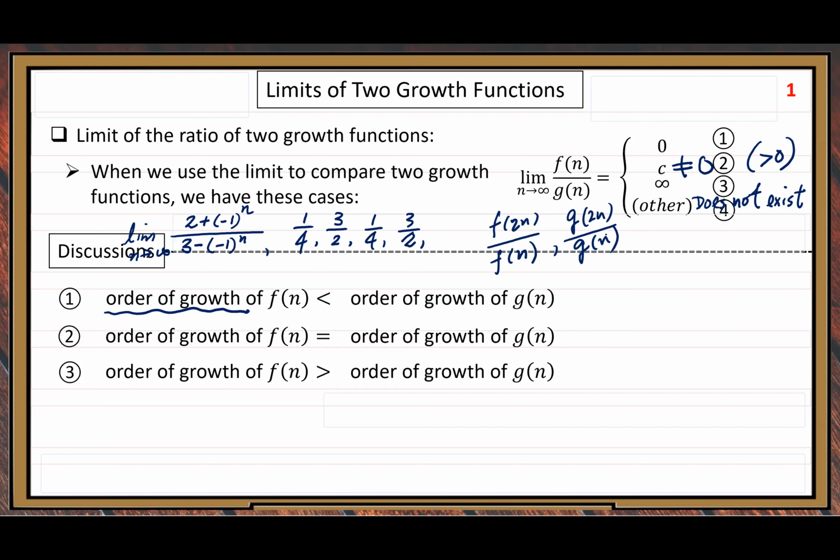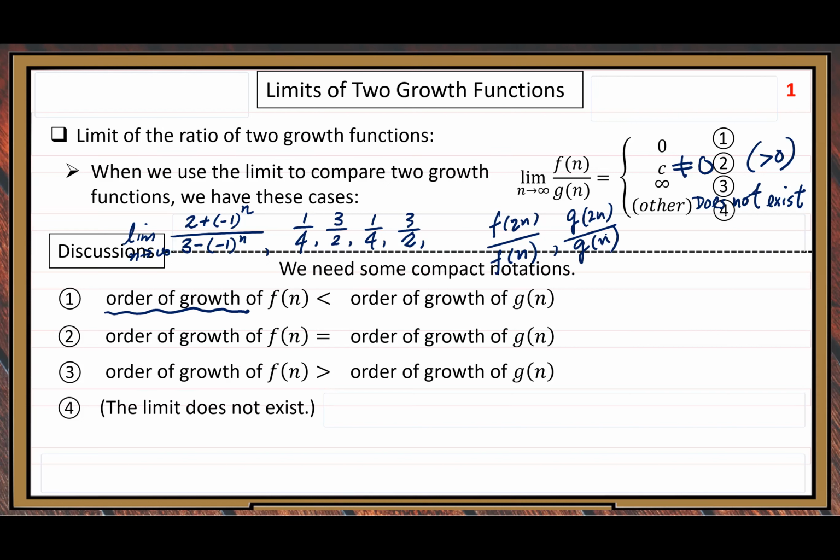Case number 4, unknown. The limit does not exist. That means we cannot say anything at this point. We need to do some more work to get the answer.